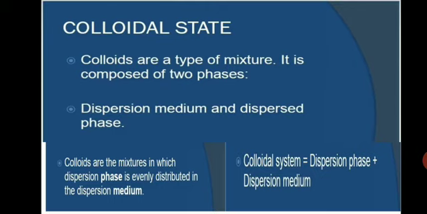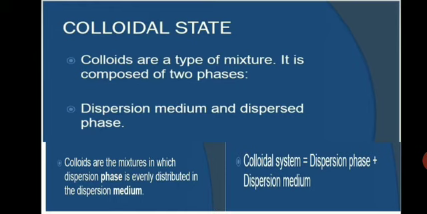All this happens because of the difference in particle size. So we are comparing these solutions according to the size of the particles. Just remember that instead of solute and solvent, we use the terms dispersion medium and dispersed phase. I think now you got the idea.